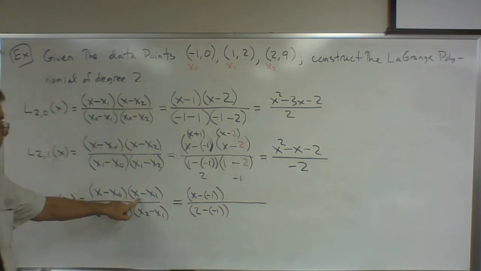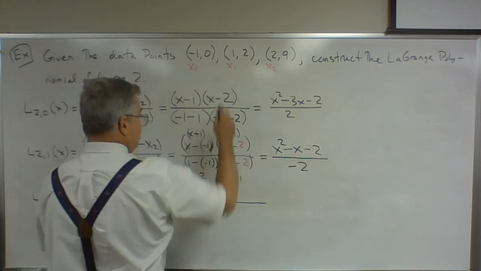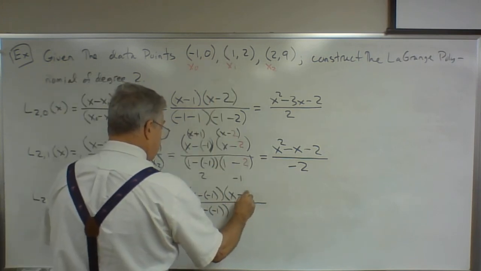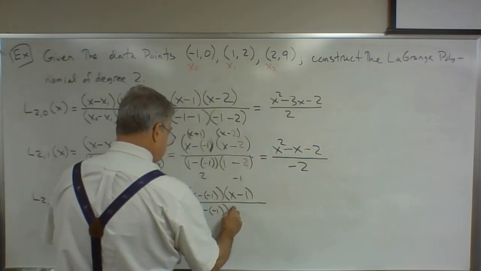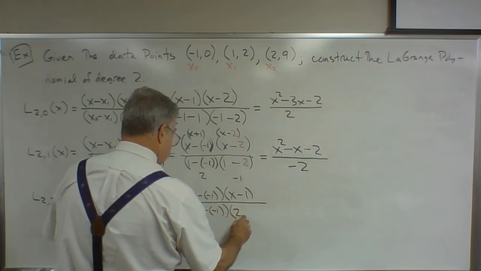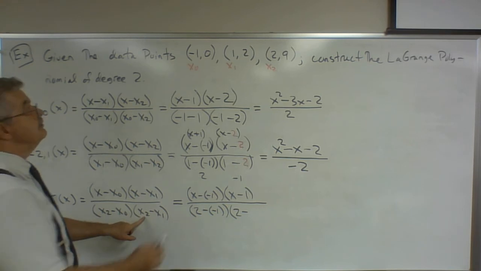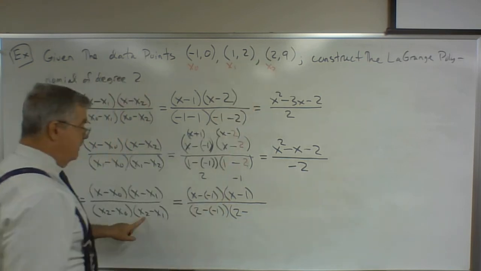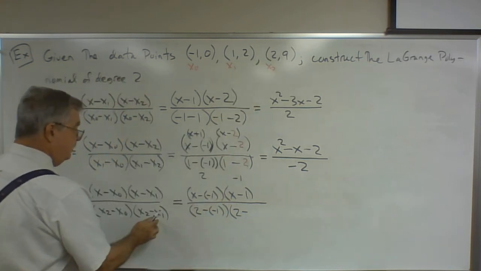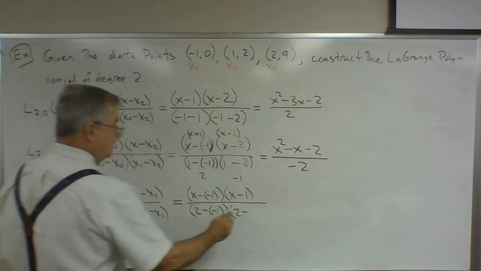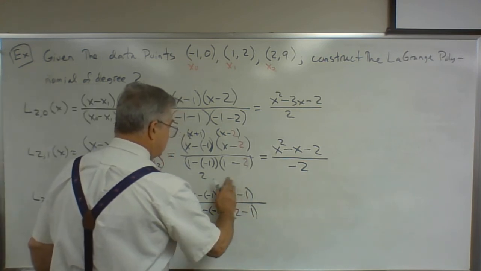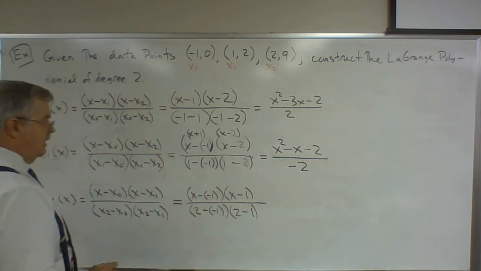Here I have x minus x1. x1 is 1. So x minus 1. And 2 minus x of 2, which is 2, minus x of 1, 1. And let's see what I get.